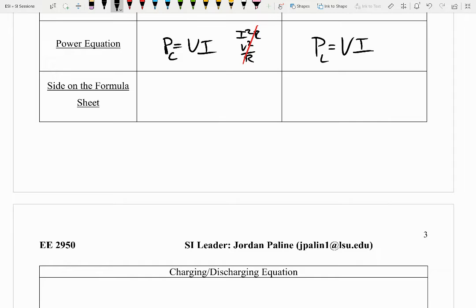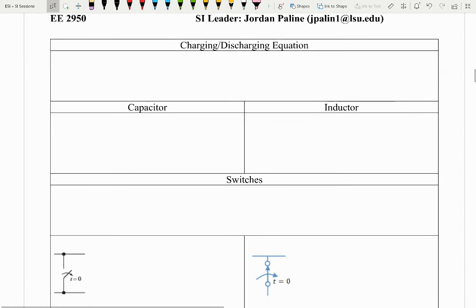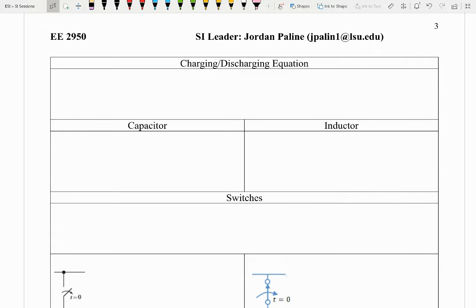Looking at which side of the formula sheet a lot of these equations are on: for the capacitors, they're on the left side, and for the inductors, they're on the right side. I'm going to show you that at the very end of the concepts. This is a very important section, so just make sure to take note of all this.